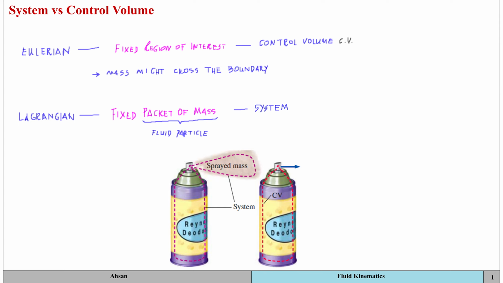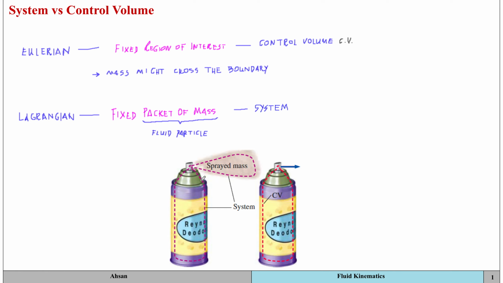Now if you're spraying through this can, of course the mass is going to change because the sprayed mass is going to leave the system, but the volume of this control volume is going to remain constant, because the volume is the geometrical entity.